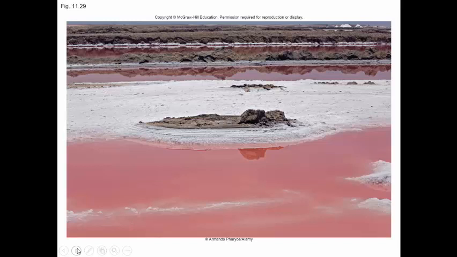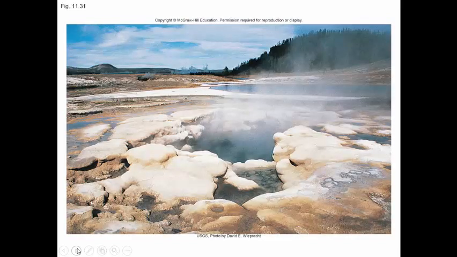Okay? The other situation you have is this, the sulfur hot springs in Yellowstone National Park. Typical habitat of Sulfolobus. Now, extreme temperatures and in some cases extremely acidic conditions. Now you might be saying, so what?